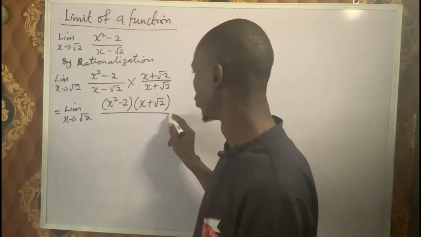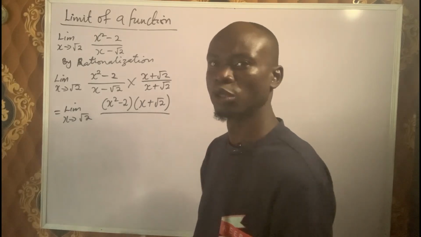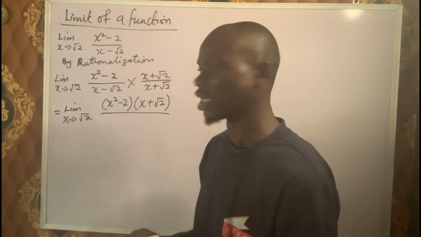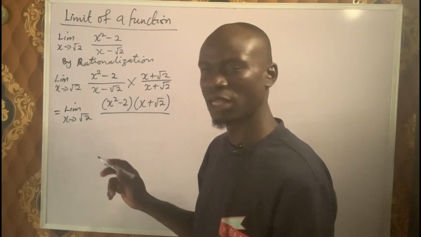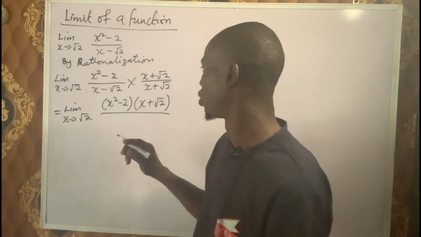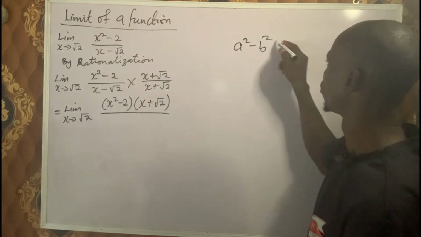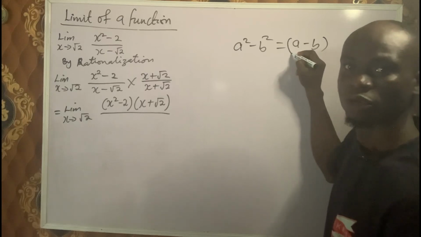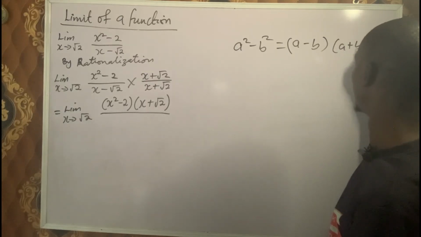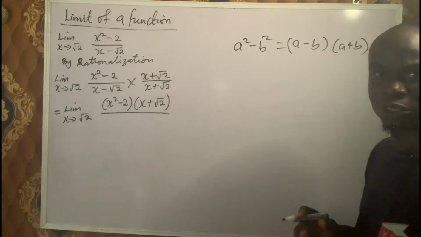So we'll go to the denominator. We apply difference of two squares, which we looked at earlier from a different direction. Right now we want to reverse it. Generally, difference of two squares says a squared minus b squared is equal to a minus b times a plus b.